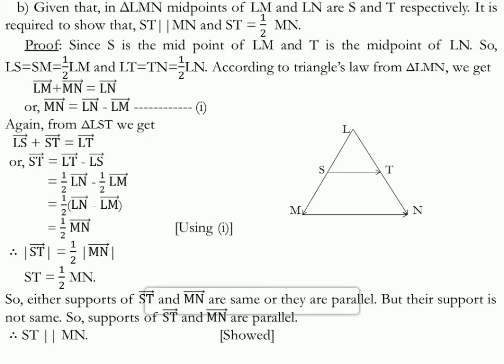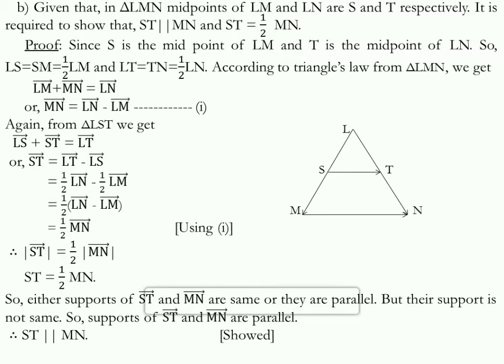Now, if we express it in value, ST equals half of MN. When two vectors are related like this, that means one is some portion of the other, then either their supports are the same, or they are parallel.